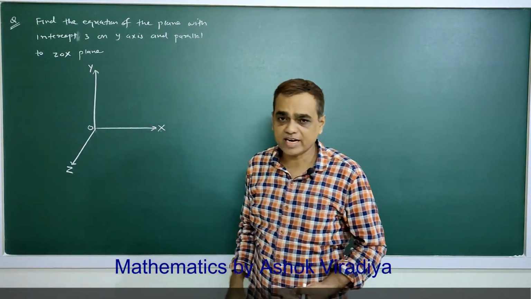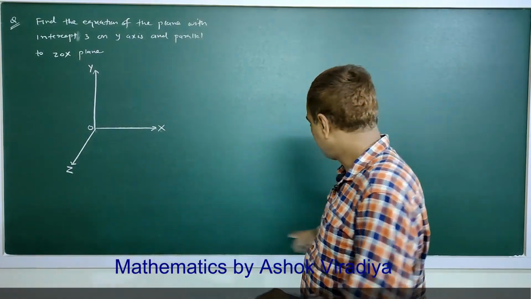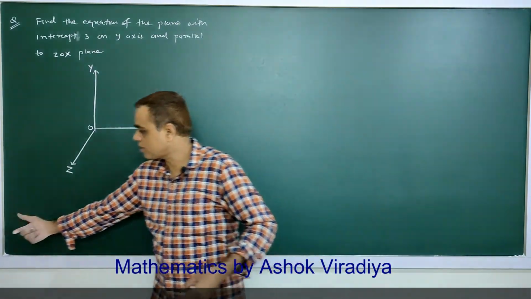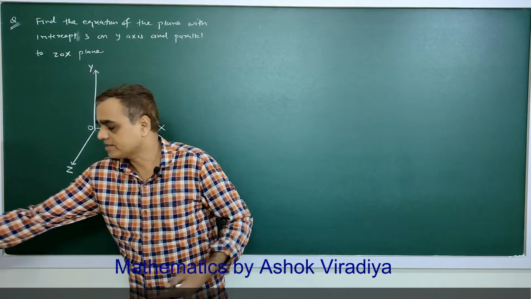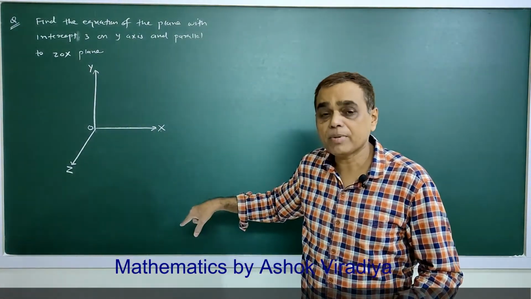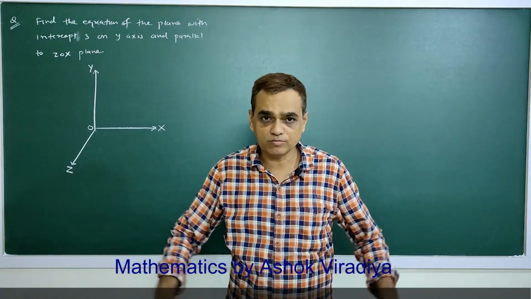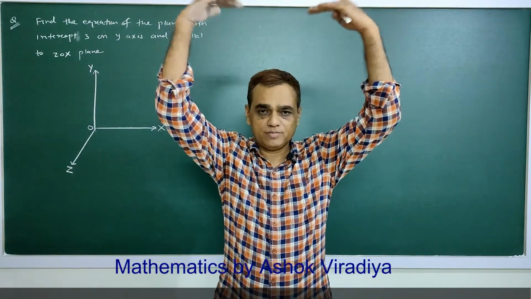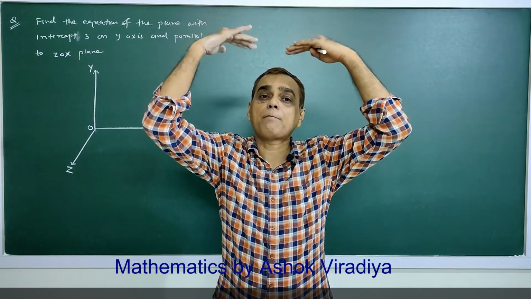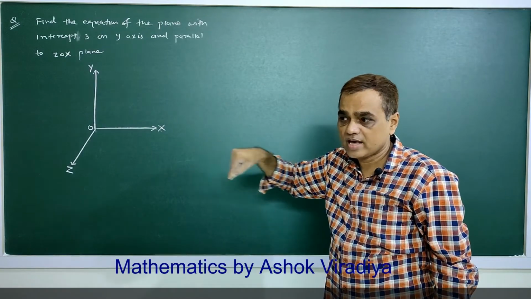If this line is the x-axis, then the line perpendicular to it at this corner is the z-axis. The ZOX plane can be considered as the flooring or ceiling of this room.